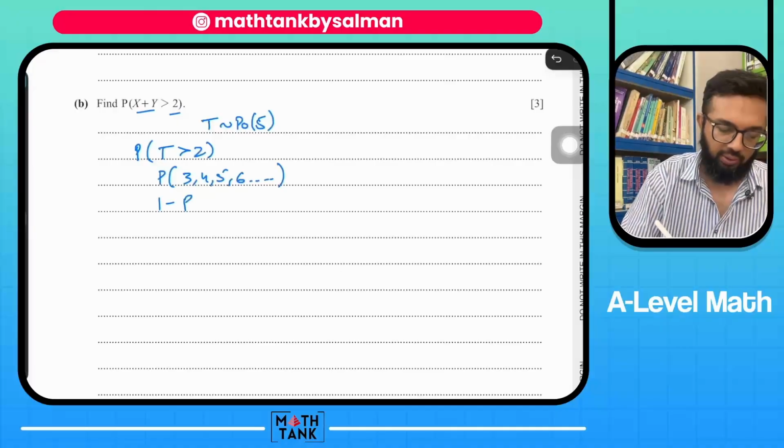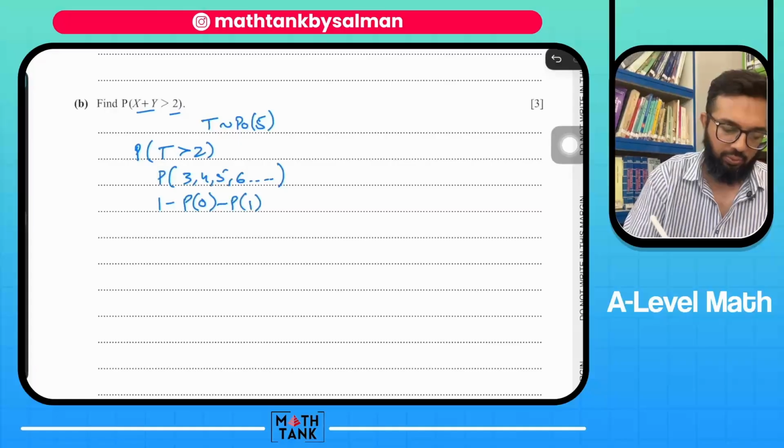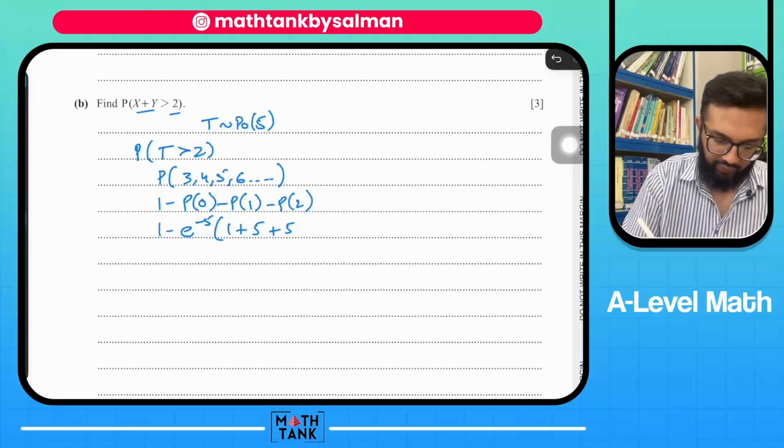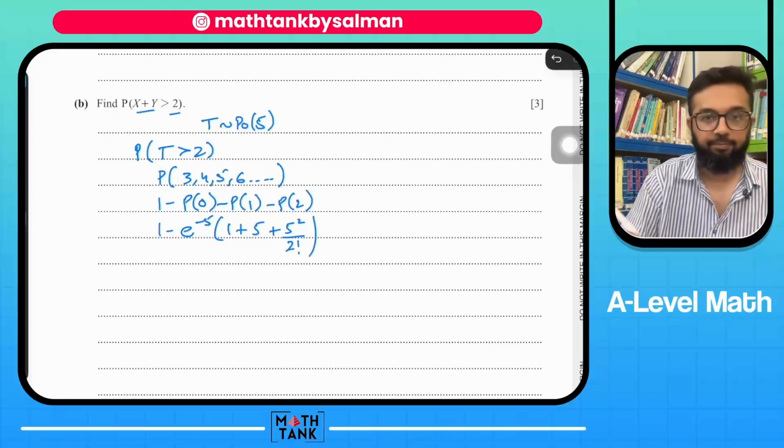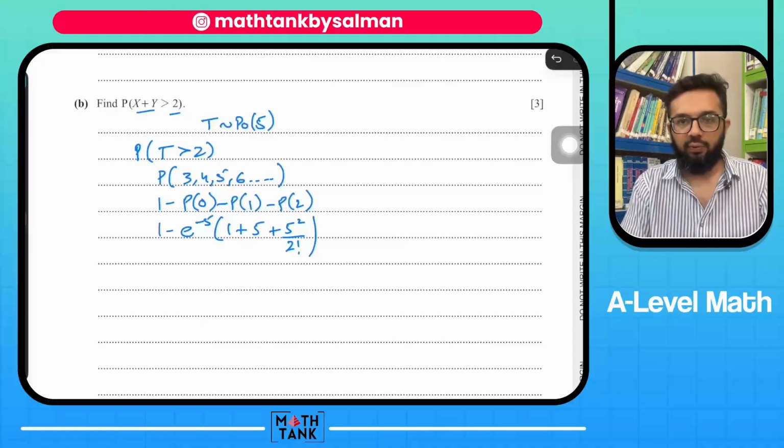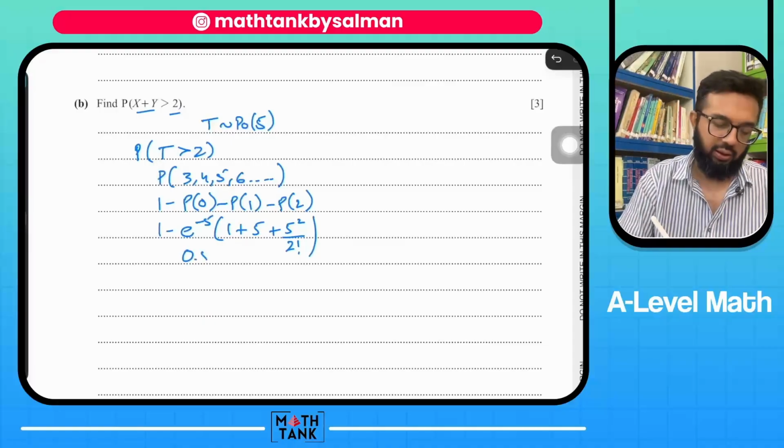So I will do 1 minus e^(-5) times (1 plus 5 plus 5 squared over 2). That should give me a final answer of 0.875.